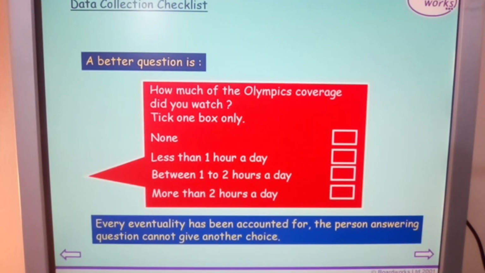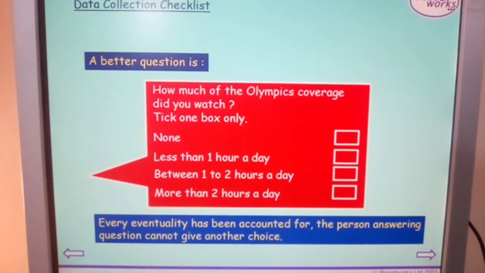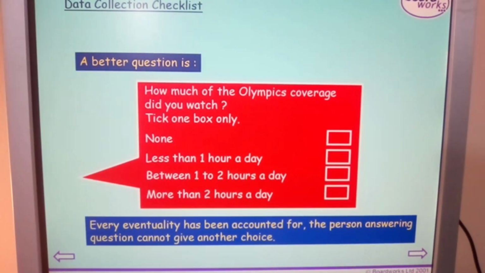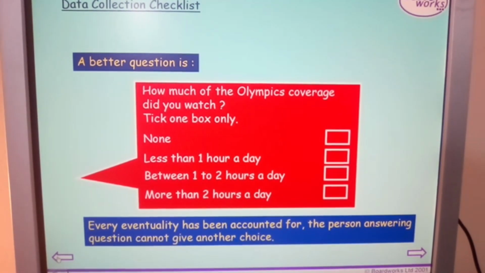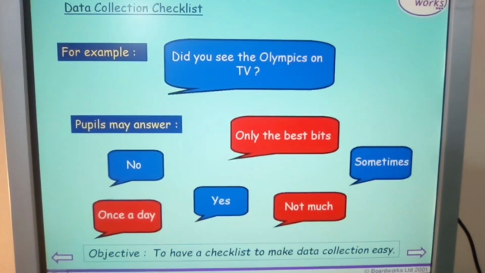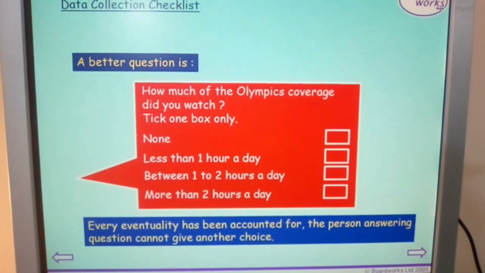A better question is, how much of the Olympics coverage did you watch? Tick one box only. None, less than 1 hour a day, etc. You can now see the difference in this to this.